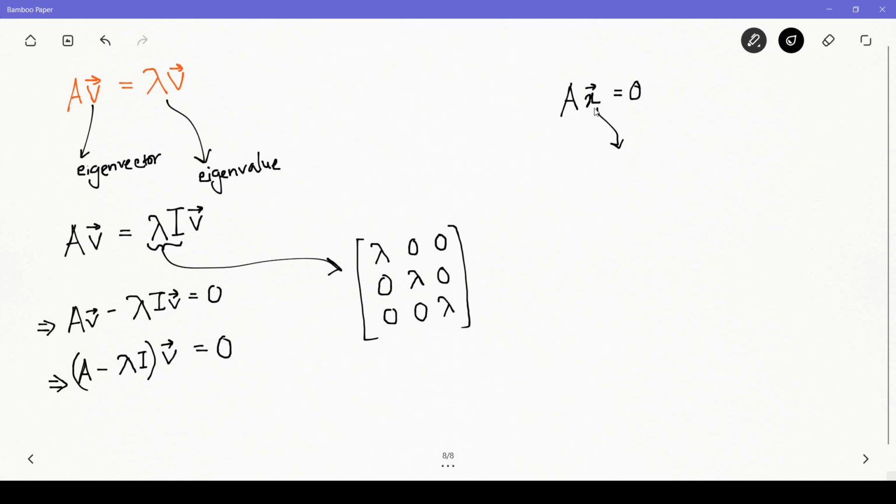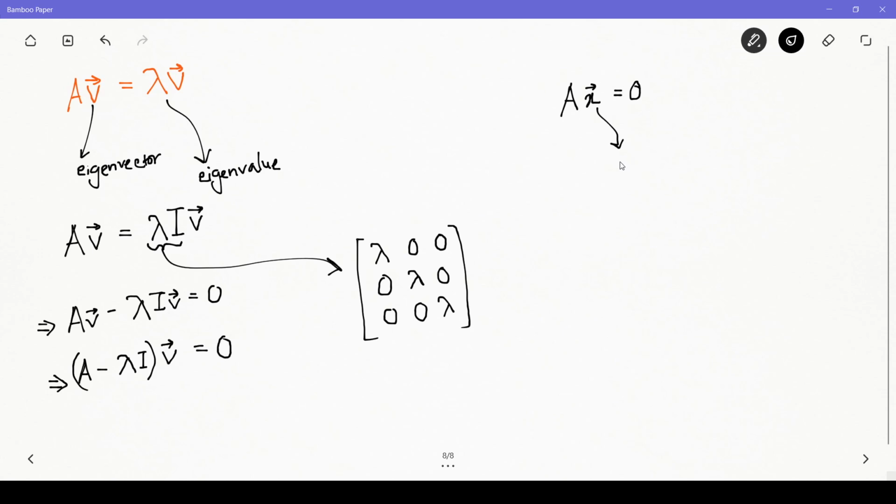Of course, if all the entries of our column vector x are 0, then this equation will hold true, right? So our job is not to find that solution. Our goal is to find a non-zero solution, right?